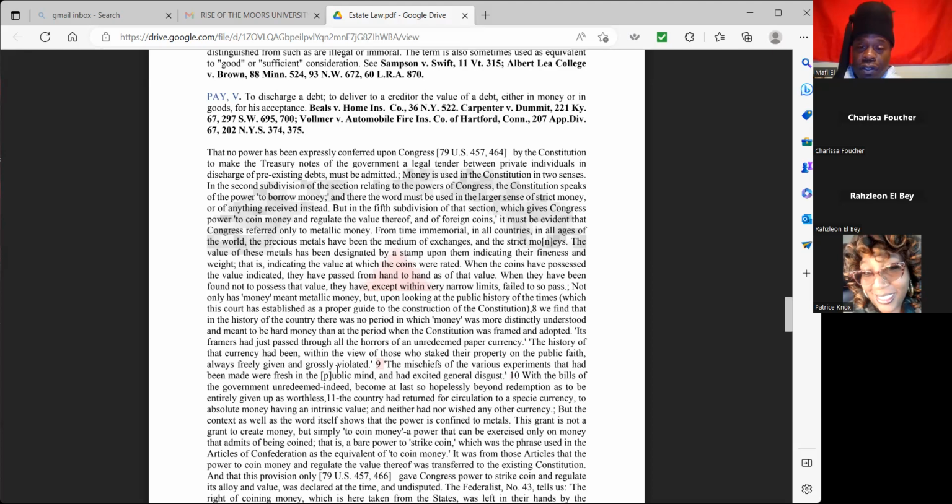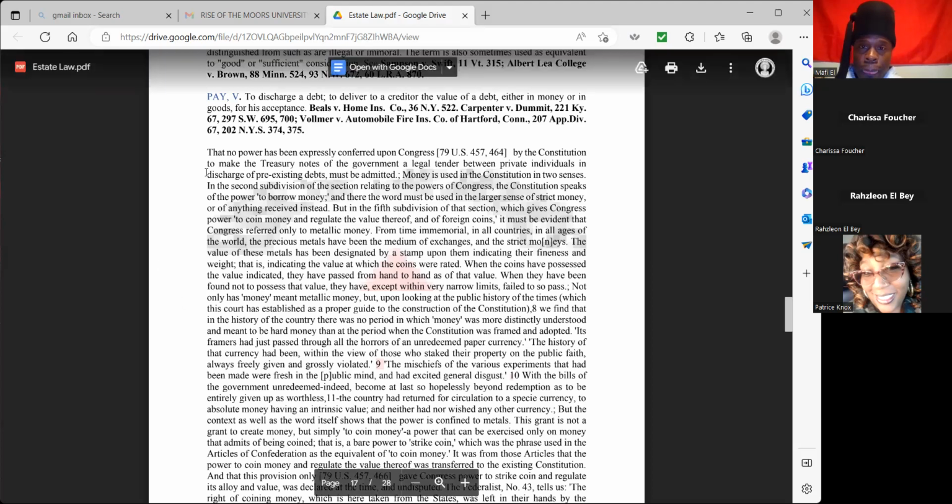The mischiefs of the various experiments that had been made were fresh in the public mind and had excited general disgust. The bills of the government, unredeemed, indeed became so hopelessly beyond redemption as to be entirely given up as worthless.